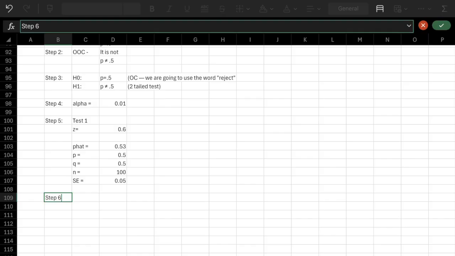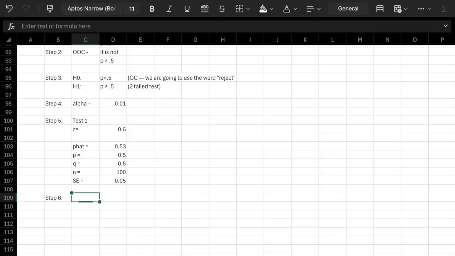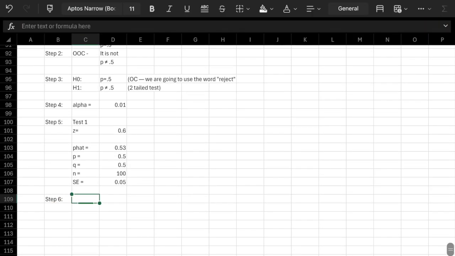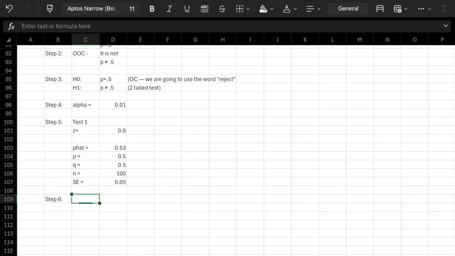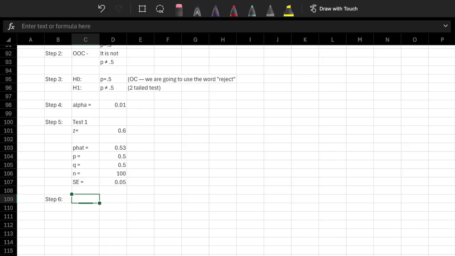Step 6 now. This is a two-tailed test, and my z-score is on the right side. Go to draw. So what's going on here? Here's the distribution of sample proportions. Right here's the mean, which we're assuming to be 0.5.